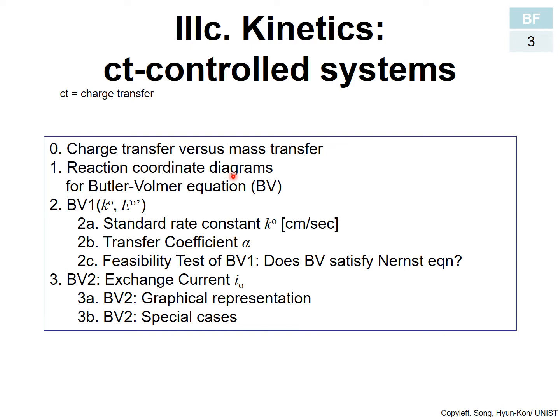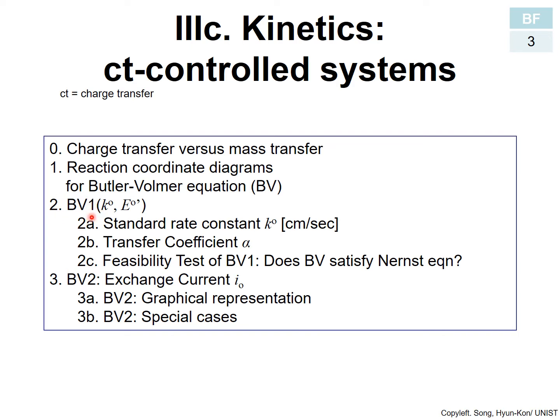The starting point for deriving the Butler-Balmer equation is reaction coordinate diagrams. After understanding the reaction coordinate diagrams, when we apply the potential to the electrochemical system, then we will get the Butler-Balmer equation of version 1.